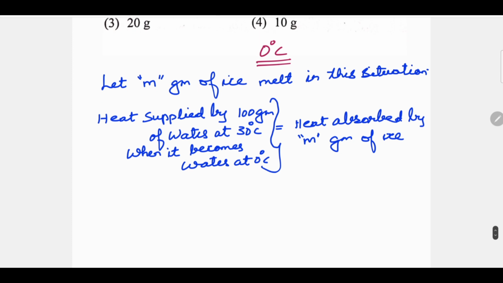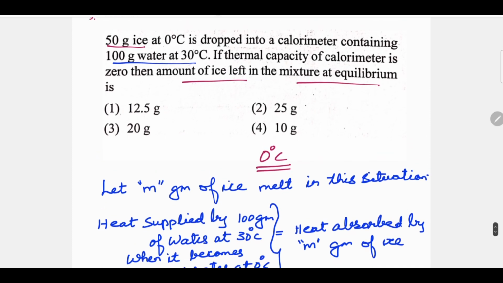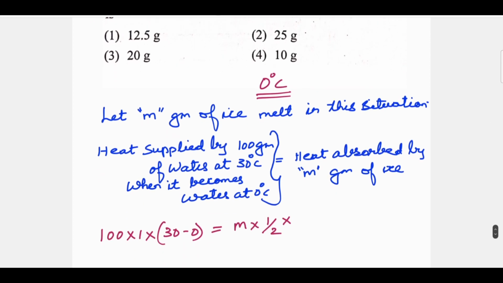Now what we can write is that heat supplied by 100 gram of water is 100 into 1 into 30 minus 0 equals m into specific heat of ice, half, 1 by 2 into delta T. Now here it is melting, so not m s delta T, we have to write mass into latent heat.